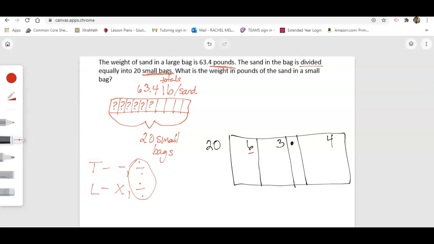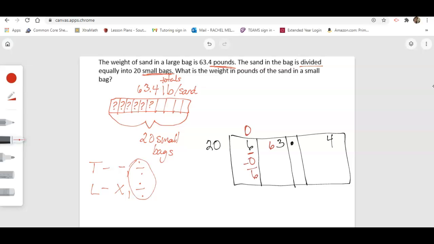Right now I only have 6. If I only have 6, I cannot group 20 together, so I would say that that's a 0. 0 times 20 is 0. And when I subtract, I have 6. Now I'm taking that 6 and putting it over here.